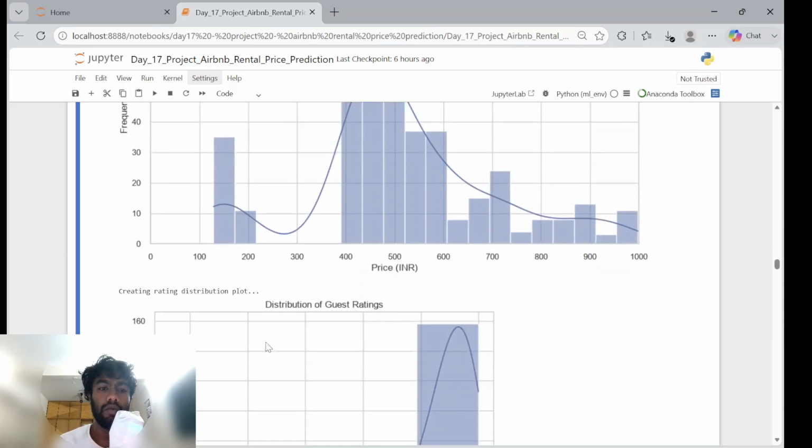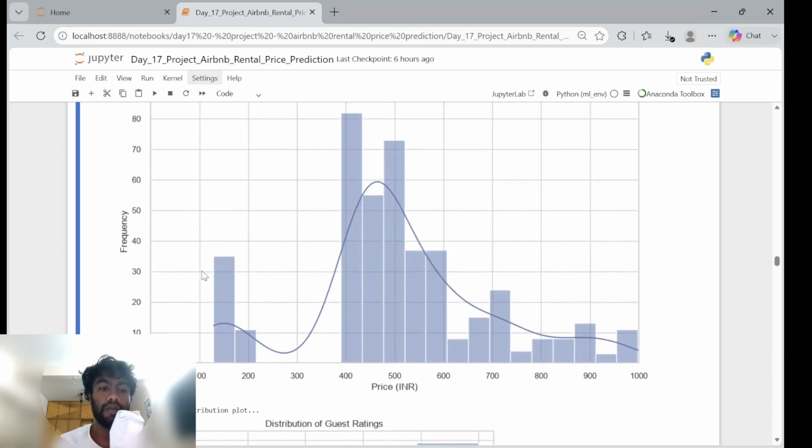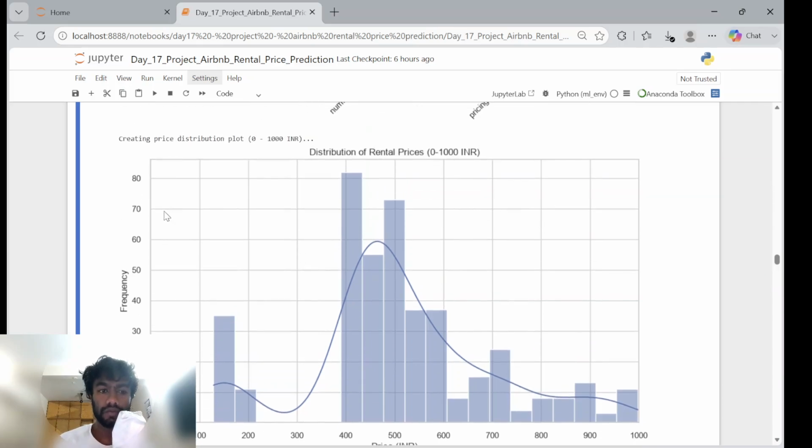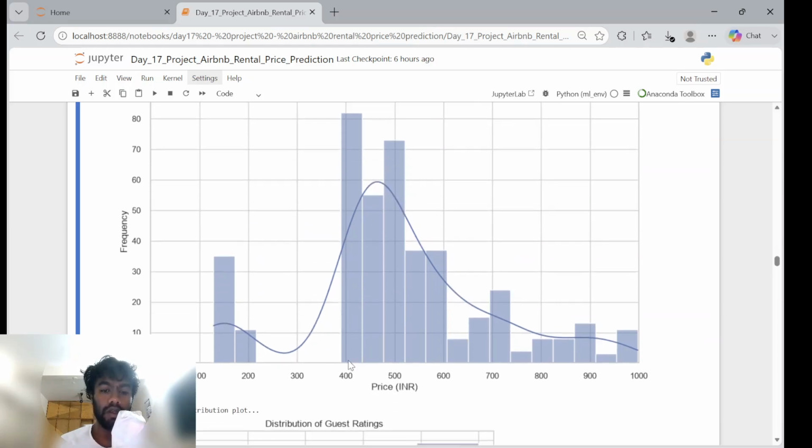So there are about... frequency with... of bookings are more in price range within 400 to 600, and others have a saturated kind of distribution where we see the highest at 400 rupees and 500 rupees being the second lowest, and next is with respect to somewhere around 450, and next set of things would be 500 to 600 having frequency less than 40 or close to 37 or 36.